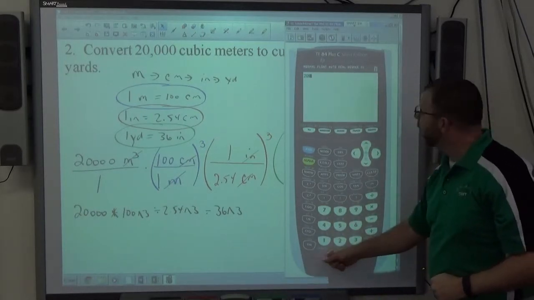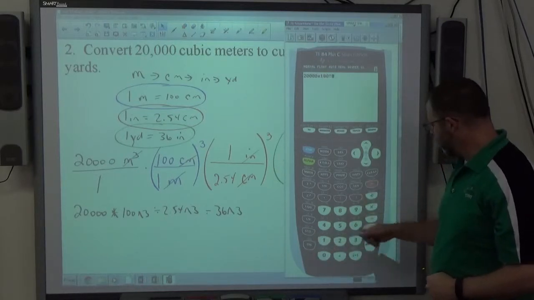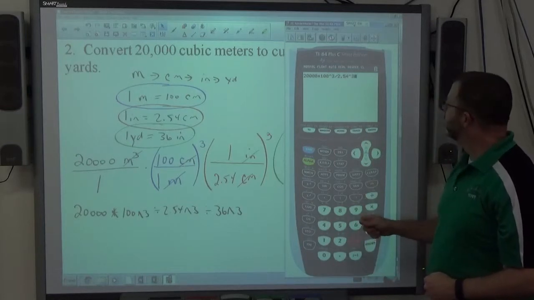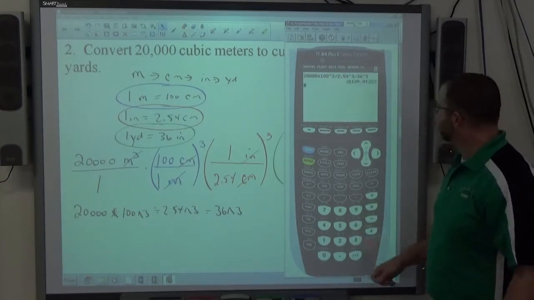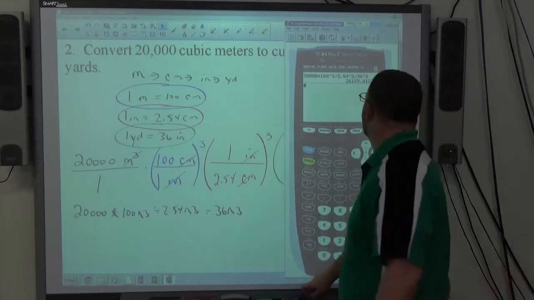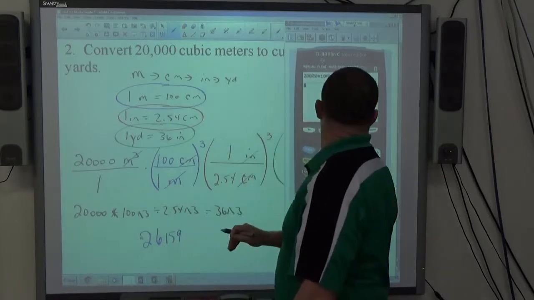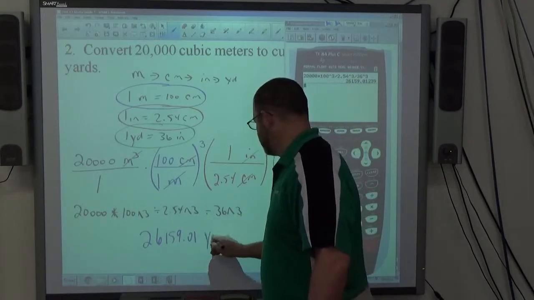So 20,000 times 100 caret 3 divided by 2.54 caret 3 divided by 36 caret 3. And my calculator tells me it's 26,159.01 cubic yards.